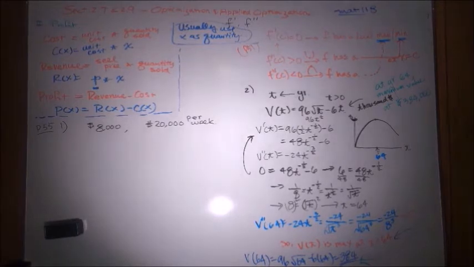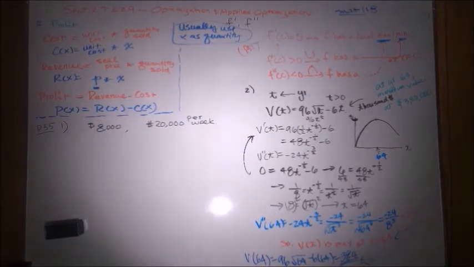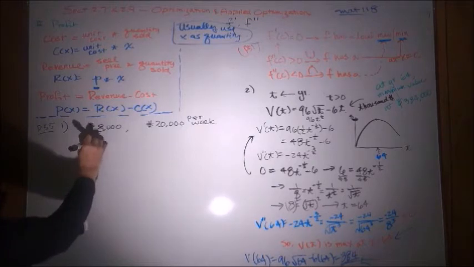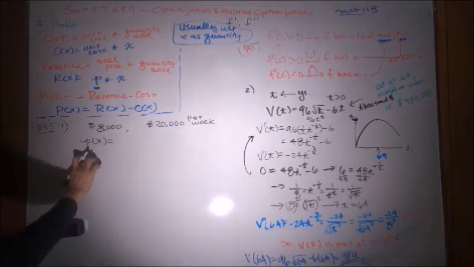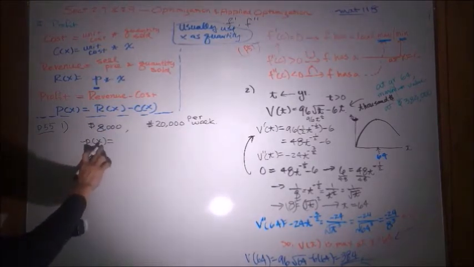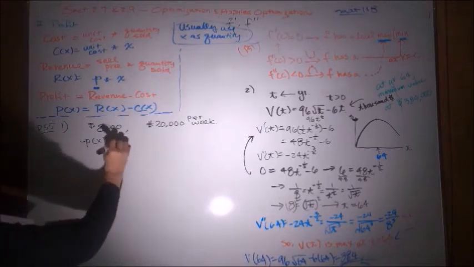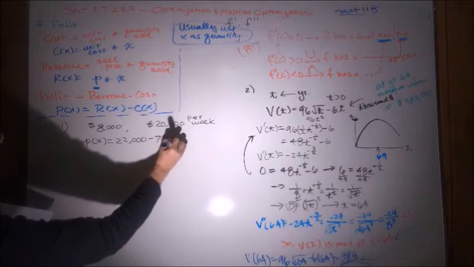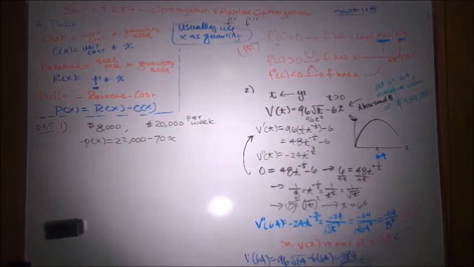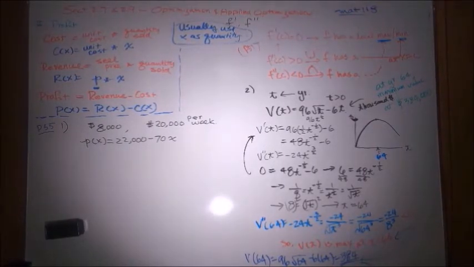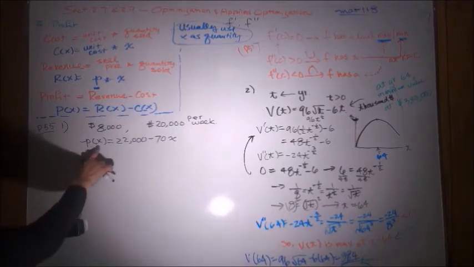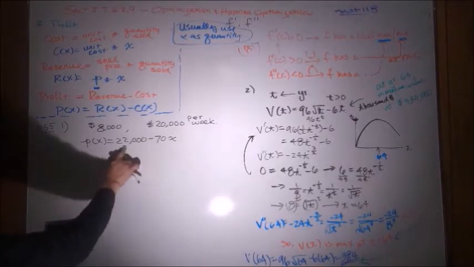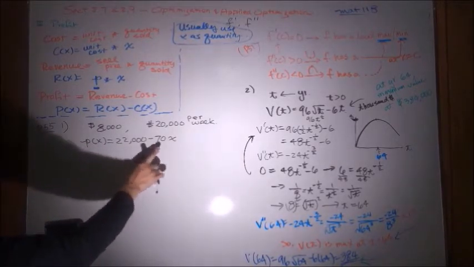The company's price function is this way. It gives you my price according to my quantity: 22,000 minus 70x. What is it saying? If x is 0, my price is $22,000.